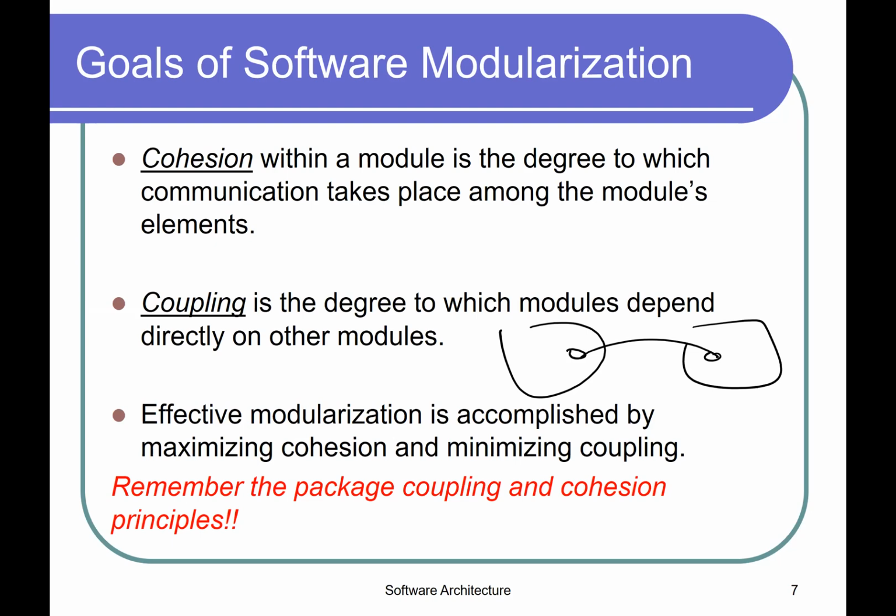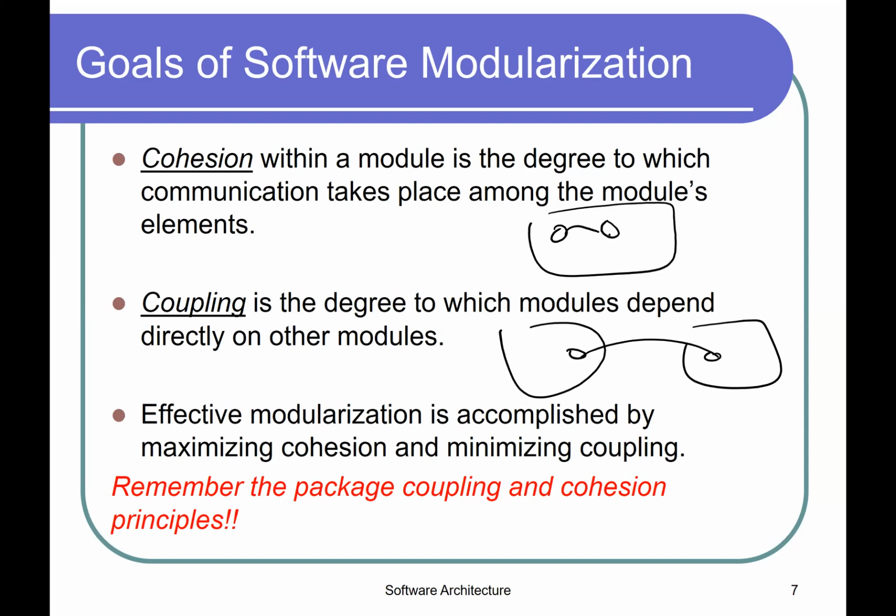Cohesion means a connection between two different classes within the same package. If I take those two and spread them out between two packages, it's the exact same link. It just has now turned from a cohesion thing to a coupling thing.